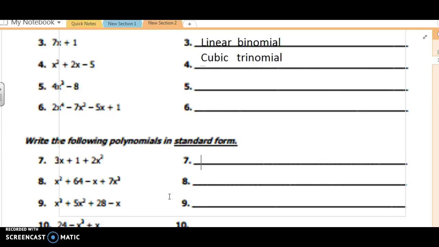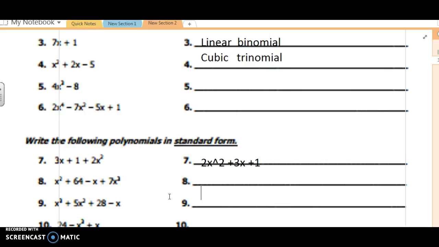So for this example, 3x plus 1 plus 2x squared, I would say 2x, and I'm going to use a little caret here, squared is my highest term with the highest exponent, plus 3x, and then plus 1. My constant always is going to be last. Anytime I'm writing a polynomial, make sure you write your constant last. So that is now written in standard form.